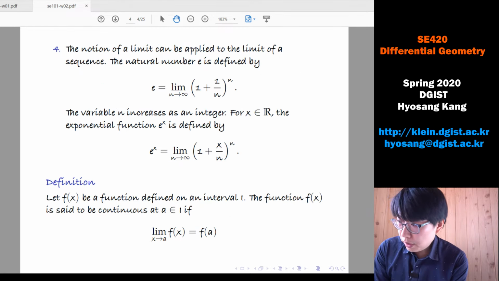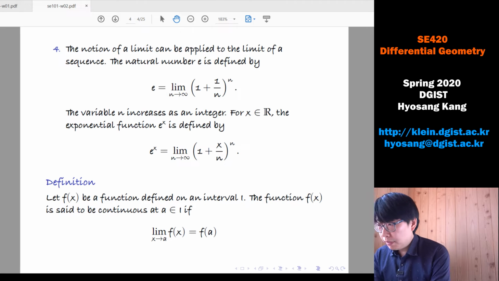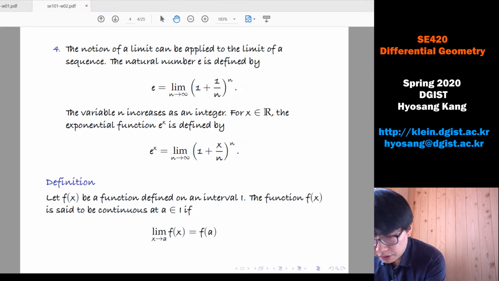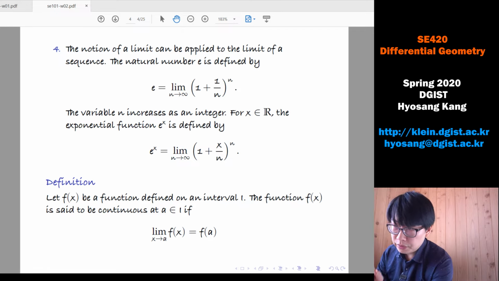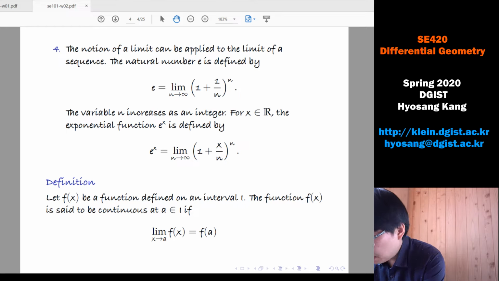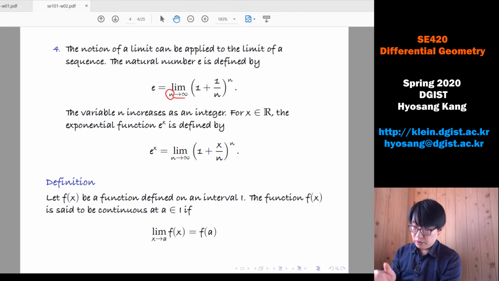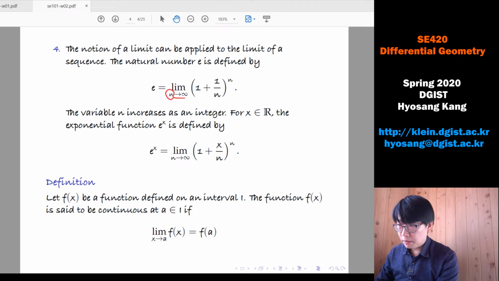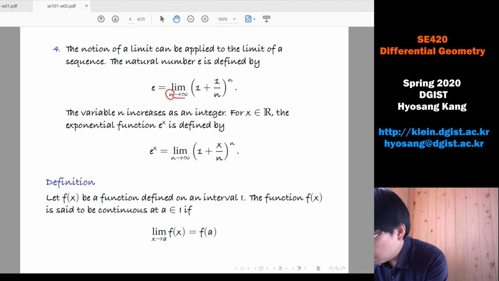So the last one is the notation of a limit can be applied to the limit of a sequence. So instead of x as a real number, and we consider x continuously moves to some point or infinity, you can also define your variable n as an integer, so you can consider this integer goes to infinity. So from 1, 2, 3, 4, discrete way. So in this case, you can consider this sequence of numbers.